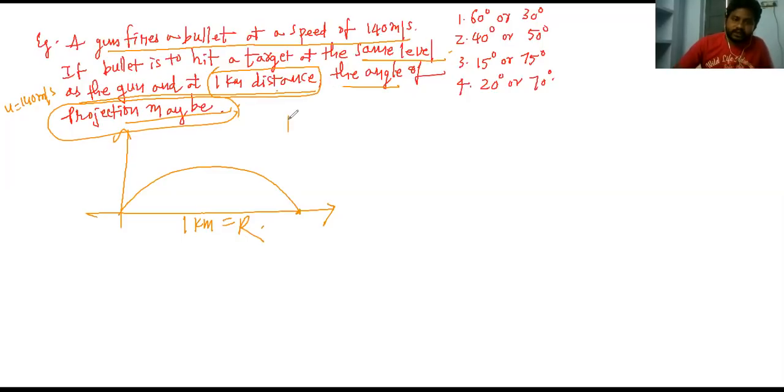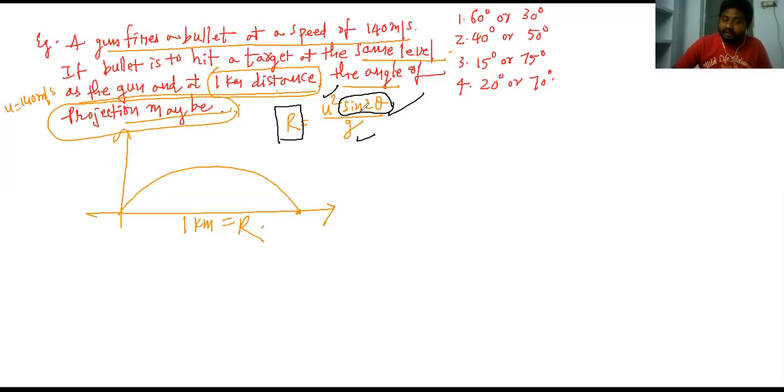So that range is equal to u square sine 2 theta by g. That's the range formula you have. That range is given as 1000 meters. Initial velocity is also given. g is also there. Then you need to find the angle of projection.